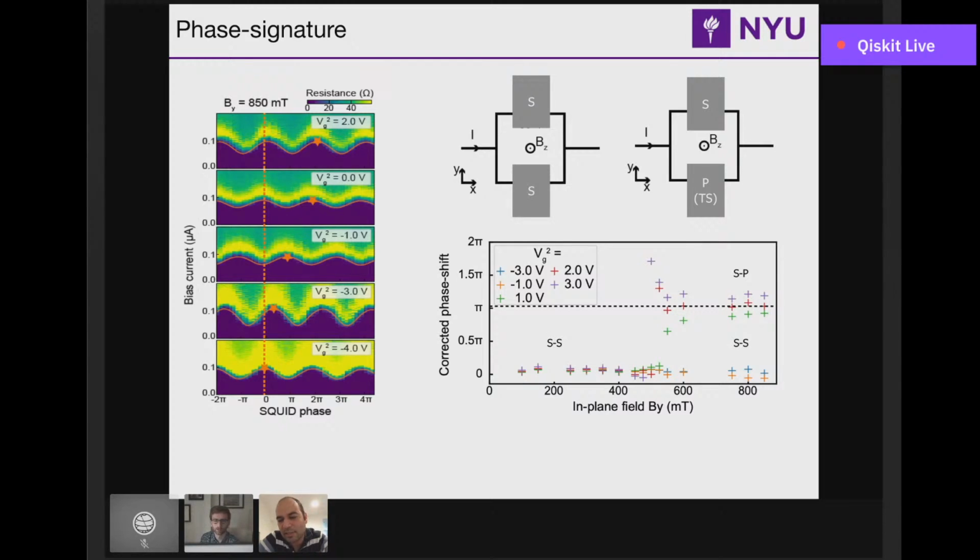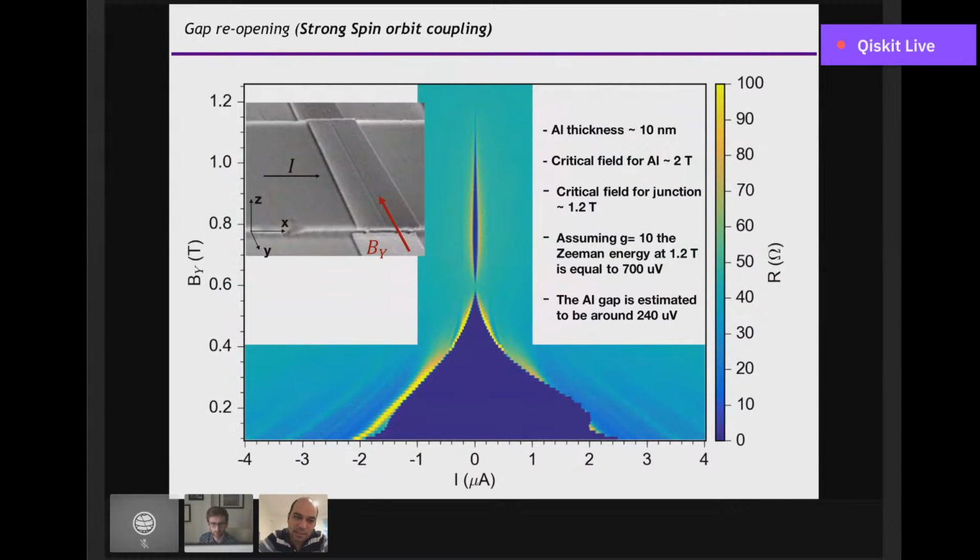That's also shown in calculations, in simulations. But definitely there are some systematic ones. For example, you look at the numbers around where jumps happen, around 500 millitesla, right? If I go back here, around when the supercurrent disappears, I really don't have much supercurrent to measure the phase anymore. When I have a lot of supercurrent, obviously I can compare it to the other junction and measure a phase.